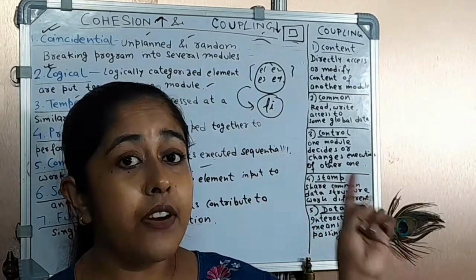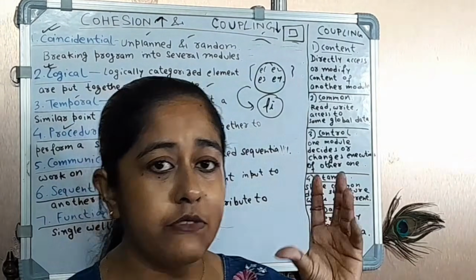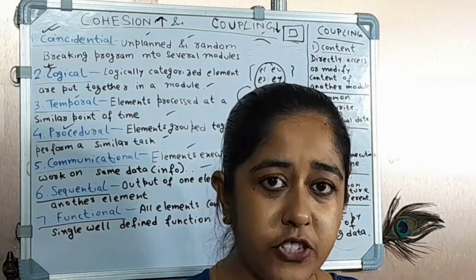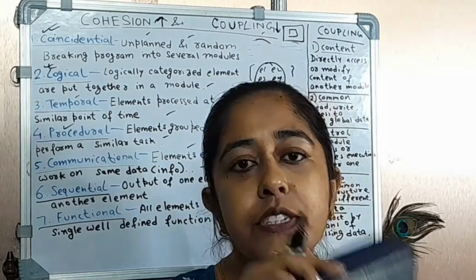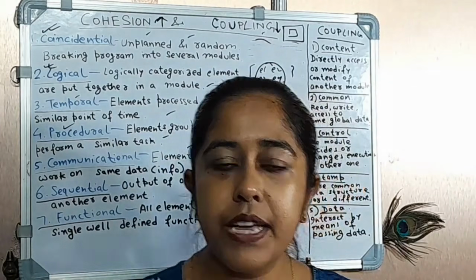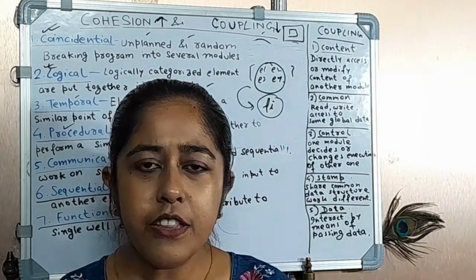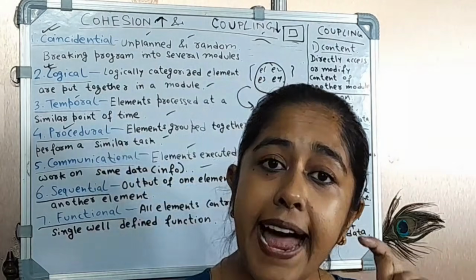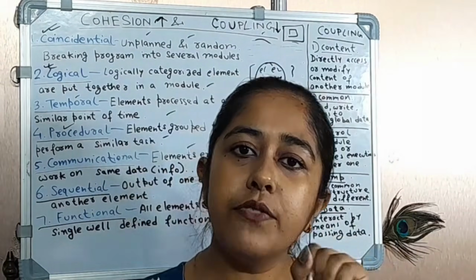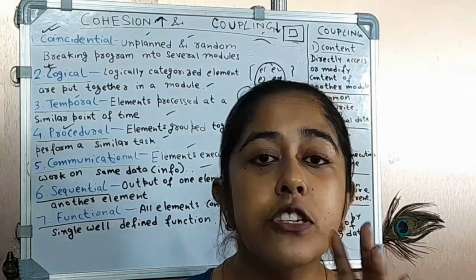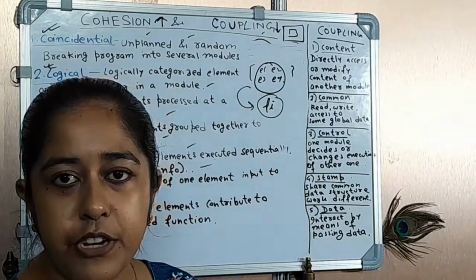As we have seen in our library management system, F1 was a high-level function. We were searching for a book by the author's name, then it gave us the rack number and other things. The processing was done, so a single defined function is there. All the elements of this module should contribute to that single well-defined function.